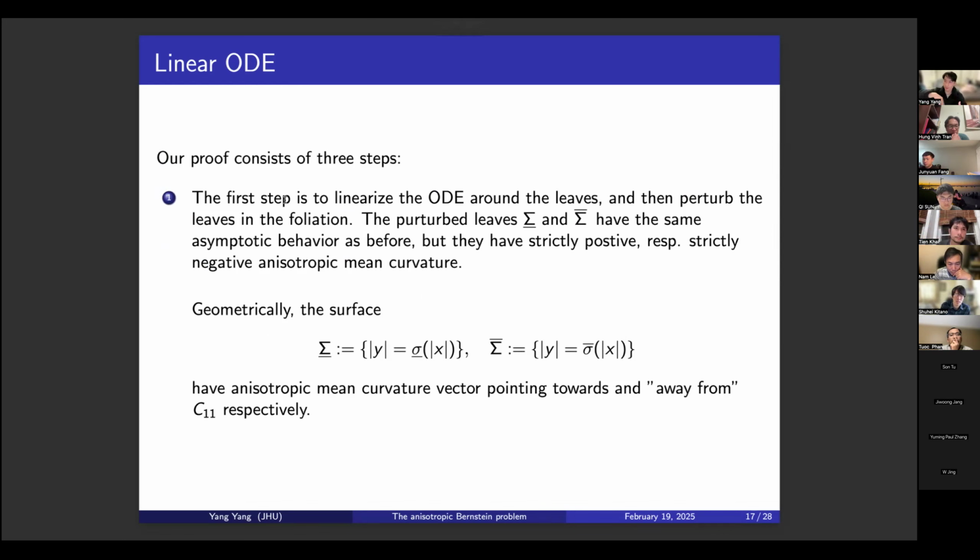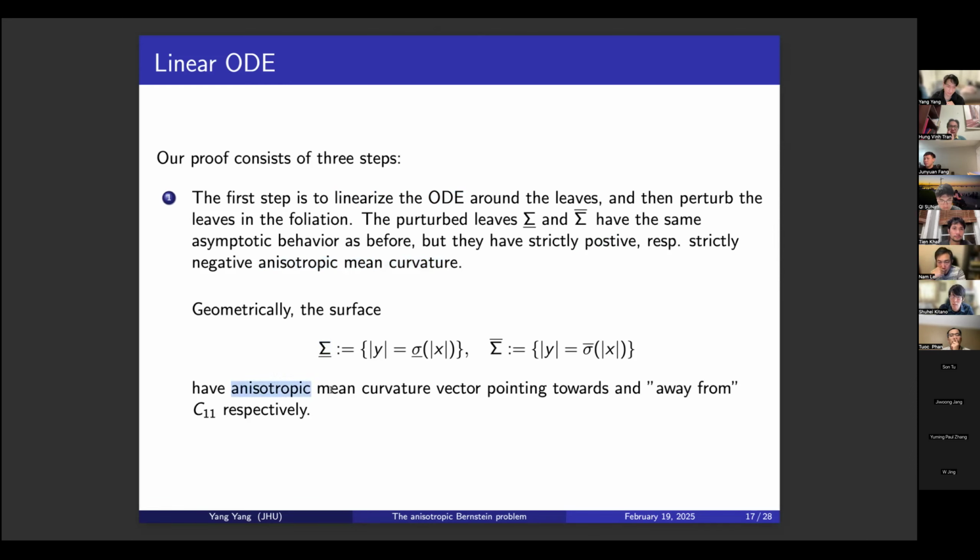Okay, so we have the foliation on both sides of the cone C11, and then we try to build up the global solution. The first step is to linearize the previous nonlinear ODE. We perturb the leaves of the foliation so that they have strictly positive and negative anisotropic mean curvature, which I call sigma sub-bar and sigma super-bar here.